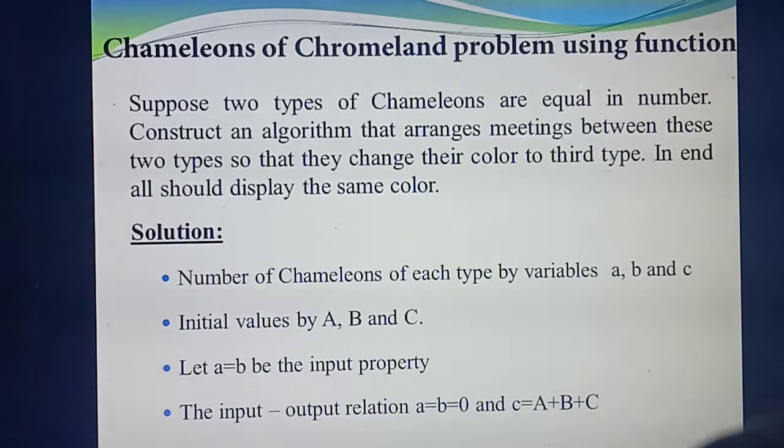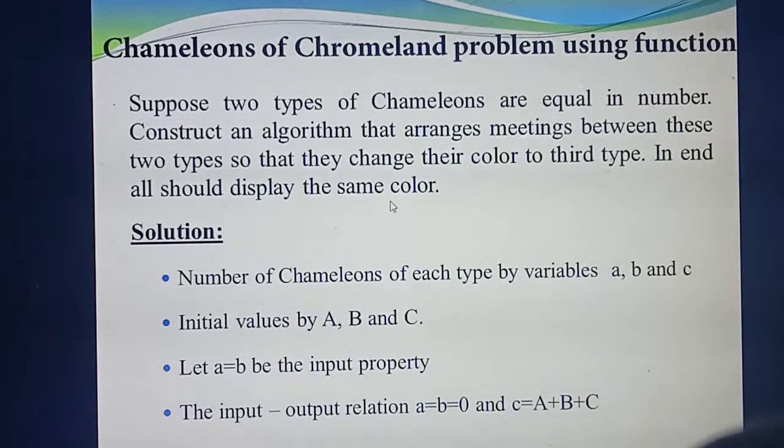So at the end, all should display the same color. At the end of this problem, all the Chamberlains need to be displayed in the same color, maybe red or blue or green. Understood the problem? There are two types of Chamberlains, red and blue, and they are equal in number. Consider red 5 in number, not necessarily 5, any number, for your understanding. Then blue also 5.